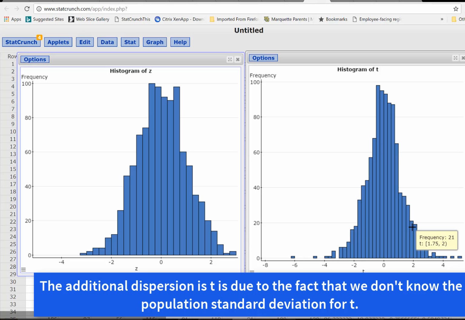That additional dispersion that you're seeing in T is solely due to the fact that you did not know sigma. Because the only difference between Z and T is that in T I had to use S, the sample standard deviation, whereas in Z I used a constant, 15, the population standard deviation. By not knowing sigma, you can see that there's additional variability in that value, x bar minus mu divided by a standard error.